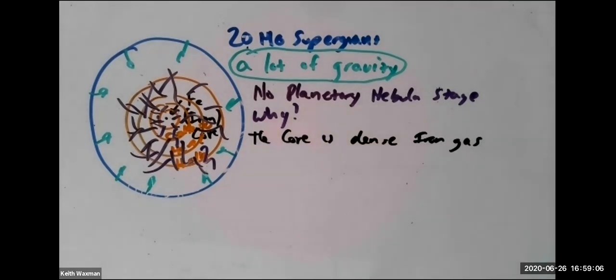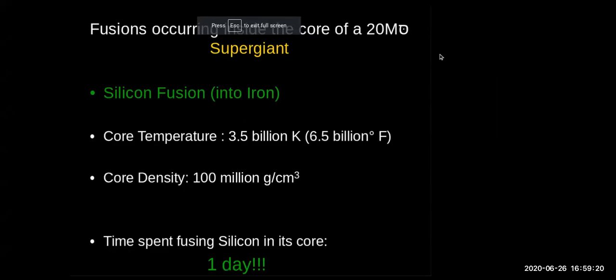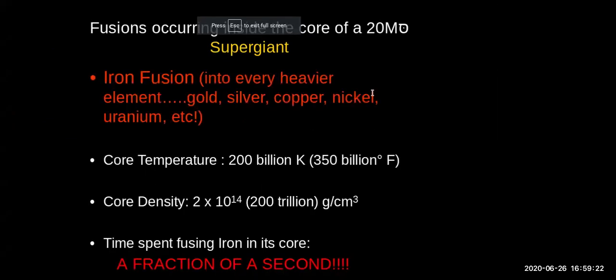So, look what's going to happen here. I'll try to show you. So again, iron fusion: every heavier element, gold, silver, copper, nickel, uranium, all that stuff that you know, some of it you know well, like gold, if you want to know it well, like silver.